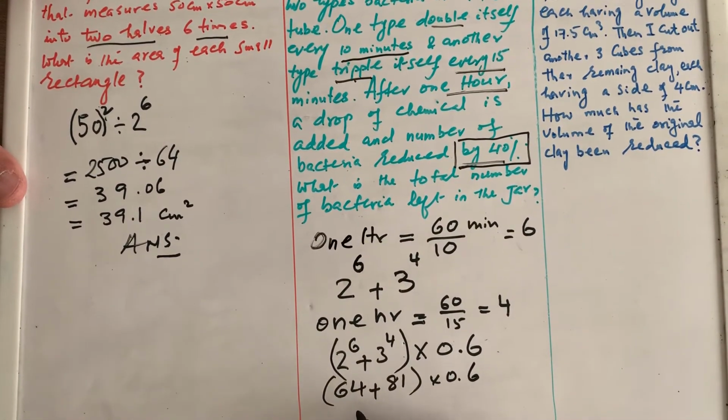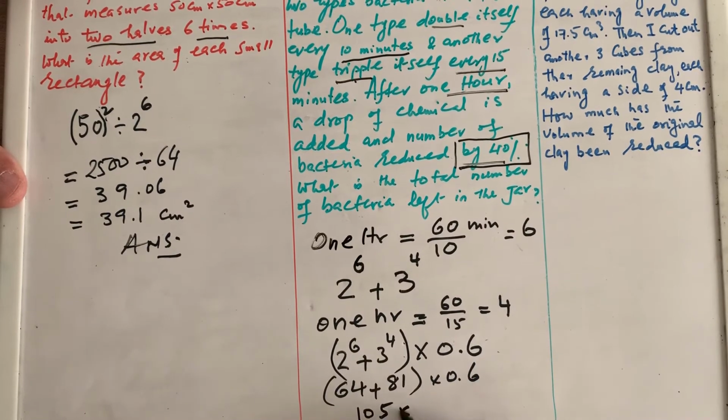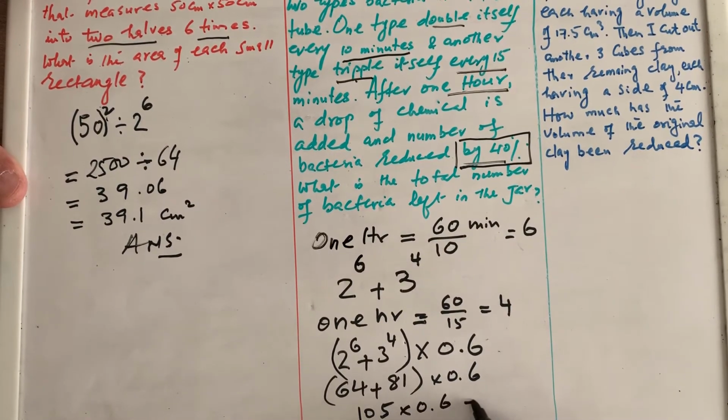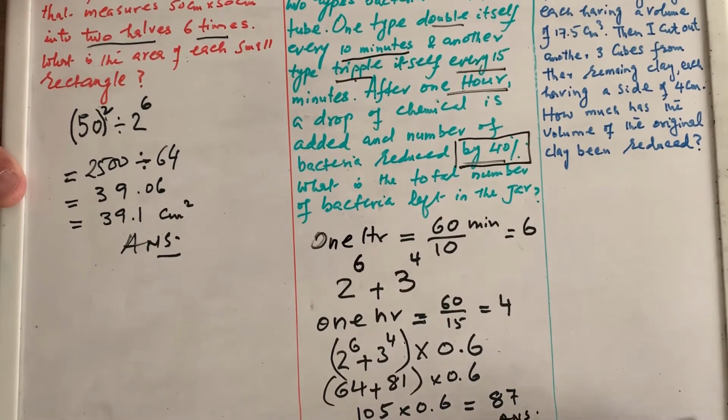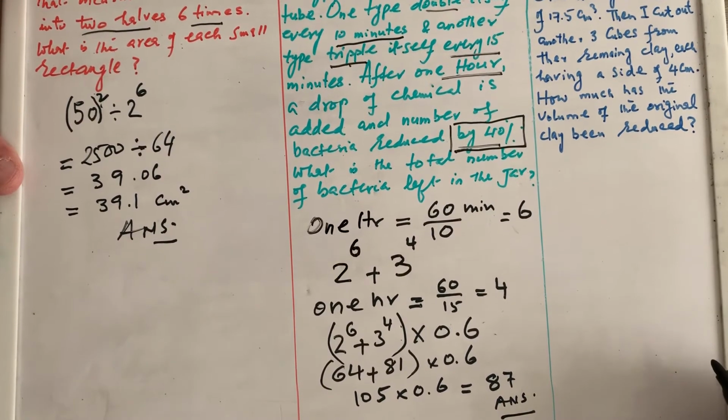So 64 plus 81 makes it 145, times 0.6, which gives you 87, right? So what is the total number of bacteria left in the jar?